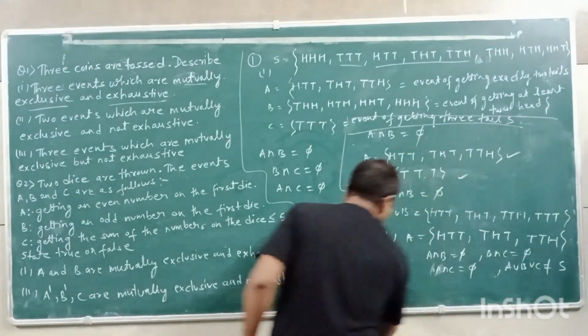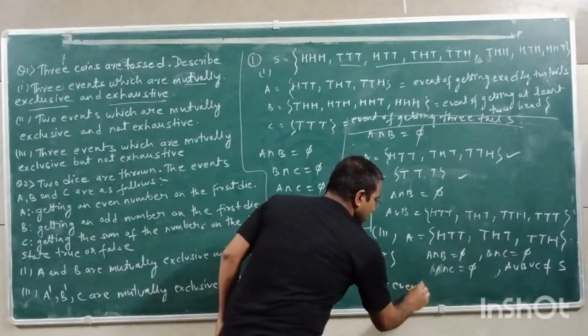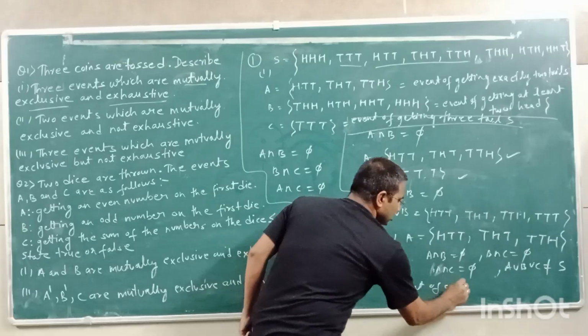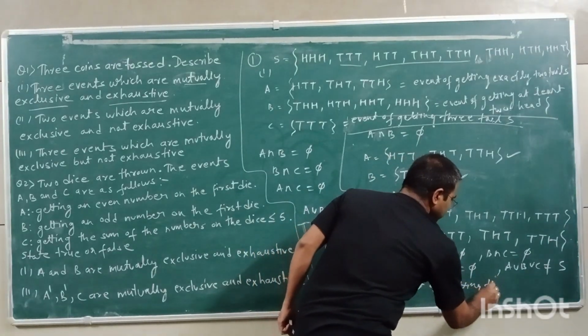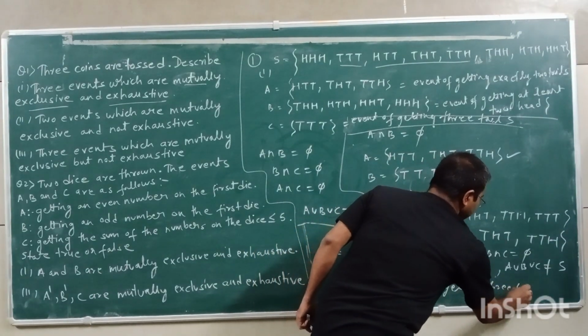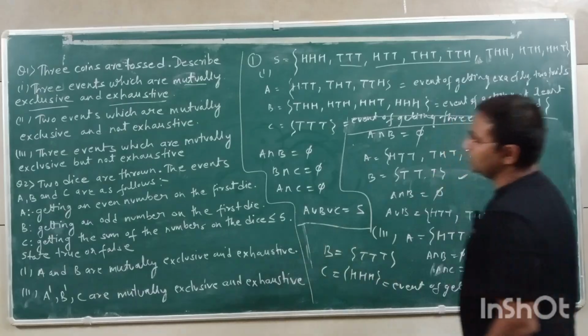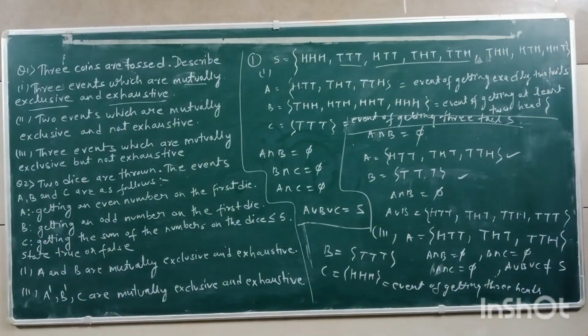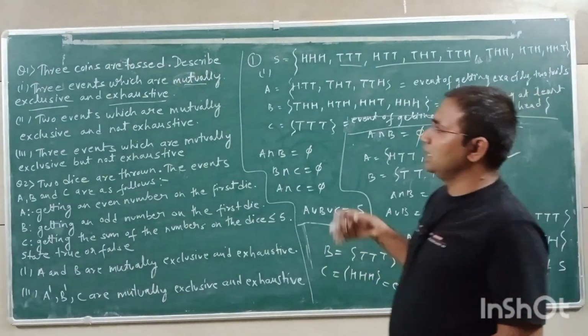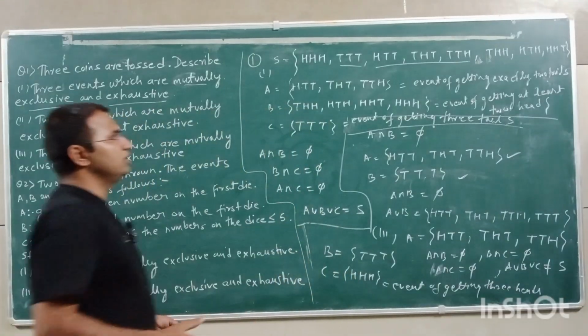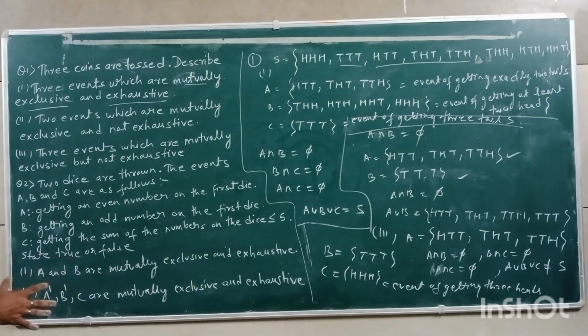And here you can write the event of getting three heads. So see how you tell which events are mutually exclusive and which are exhaustive.